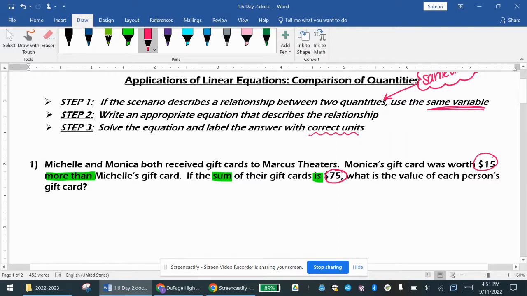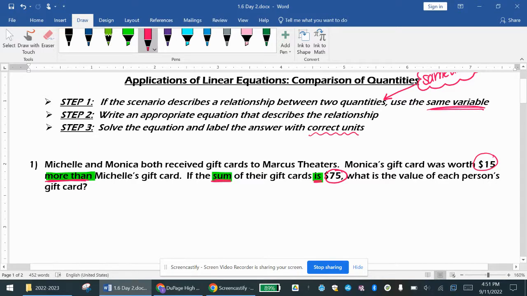As you can see, I underlined and circled a couple things. For one, I wrote down what Monica's gift card was worth. Pretty much any number that you're given, you want to circle it to see if it's going to be important when solving the problem. I also noticed a couple of vocab words from our previous lesson: more than, some, and is.